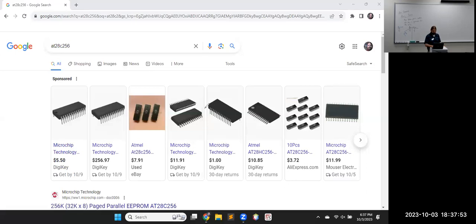The way it works, and RAM chips work the same way, so let me circle these. Maybe these are the address pins, and these are the data pins.